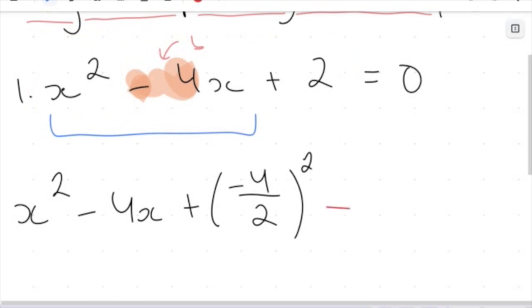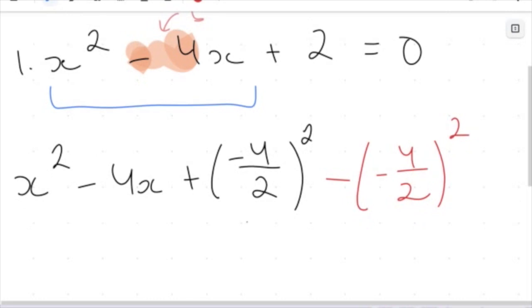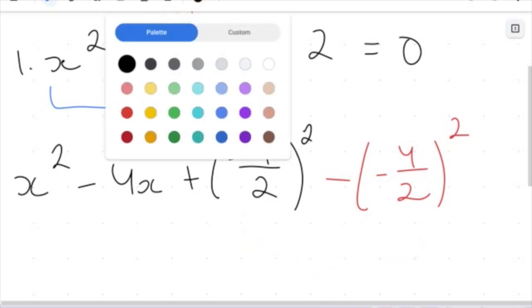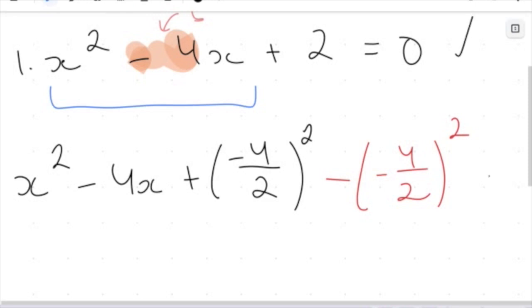Because these terms are going to sum to give me 0, nothing's really changed from my first line to my next one down here.